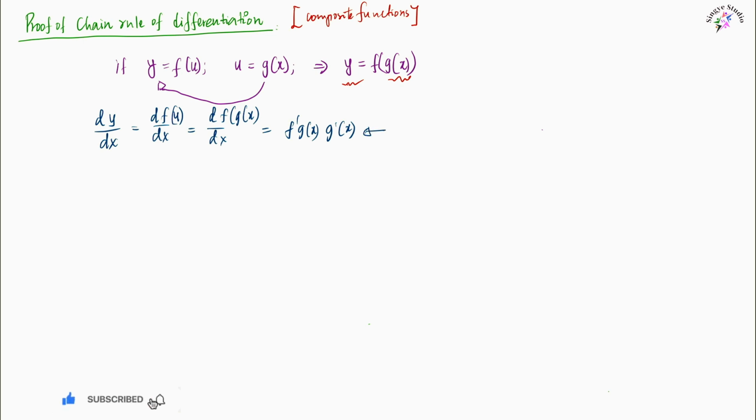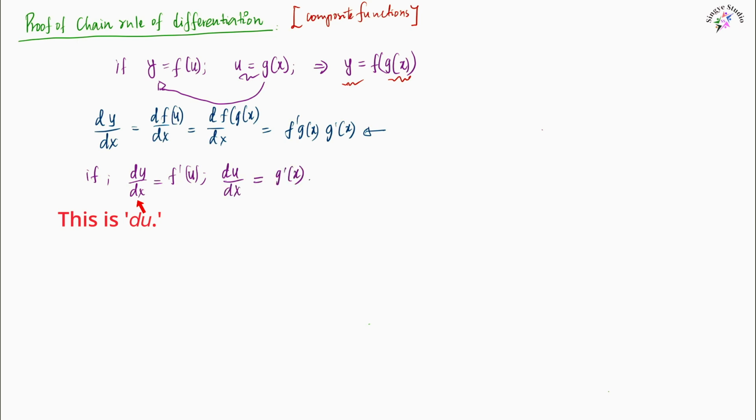Or if we express it in another way, with du over dx being the derivative of g of x, then dy over dx is dy over du times du upon dx. This is another way to express the chain rule of differentiation.